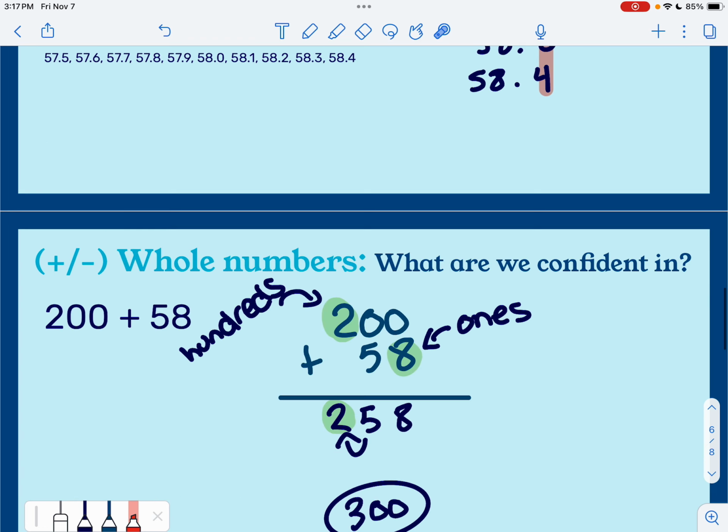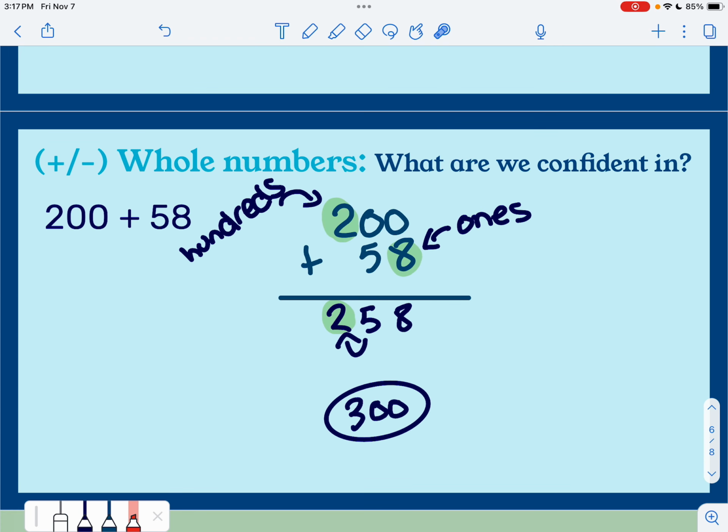So when we add 200 plus 58, we are combining a number, 200, which is only certain to the hundredths place, with the number 58, that is only certain to the ones place. Now remember, when you add them, your final answer cannot be more precise than your least precise number.